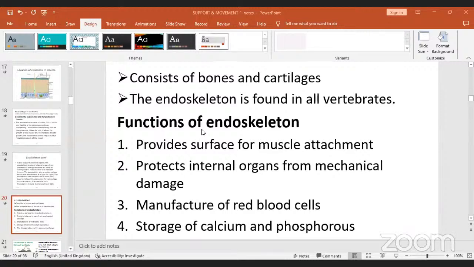These organs are covered by your internal skeleton, and this protects them from mechanical damage. You fall down, maybe you injure your skull, but your brain remains intact. You fall down, you break your ribs, but your lungs remain intact. If they were not there, it's those organs that would face the damage. Manufacture of red blood cells.